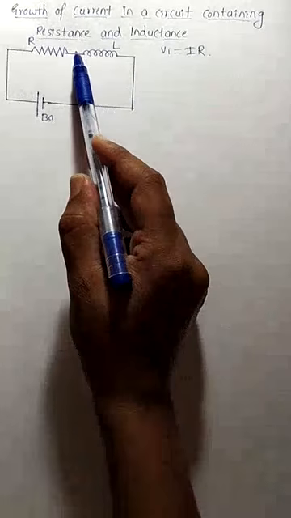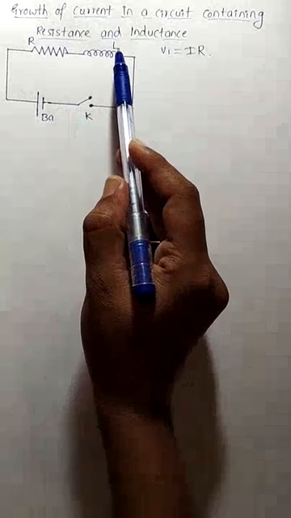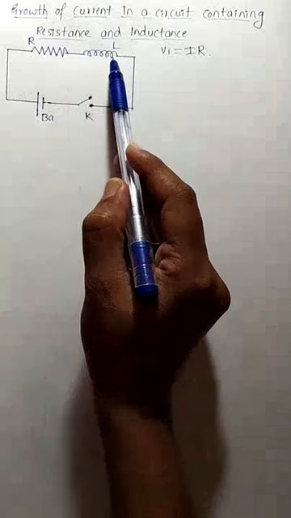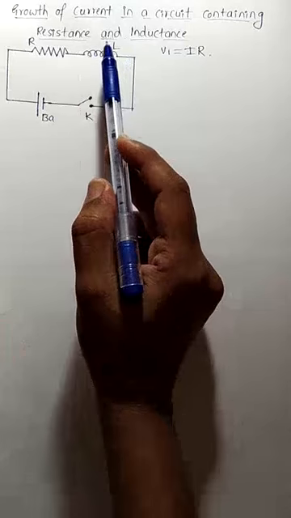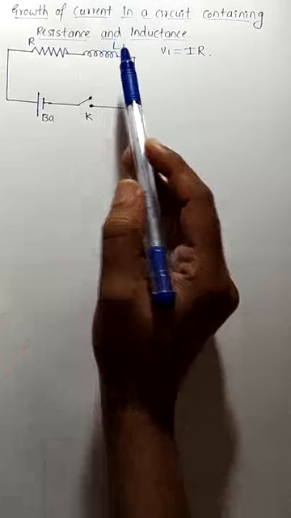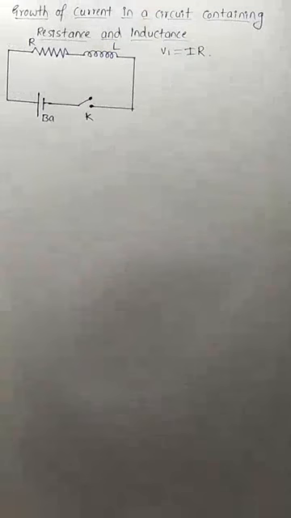Next, that current will also be flowing in the inductor. When it is flowing, it may increase or it may decrease. At that time the inductor also produces an electromotive force, because as we studied, whenever a current is flowing in a conductor, it produces a magnetic field in the surrounding area.